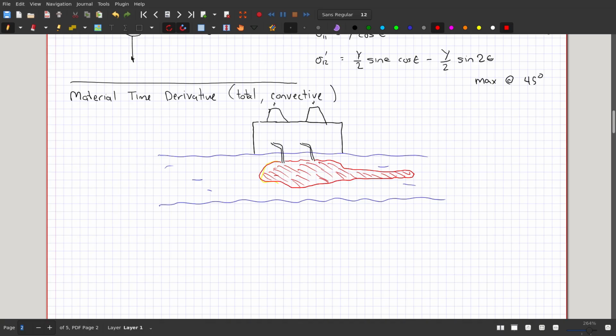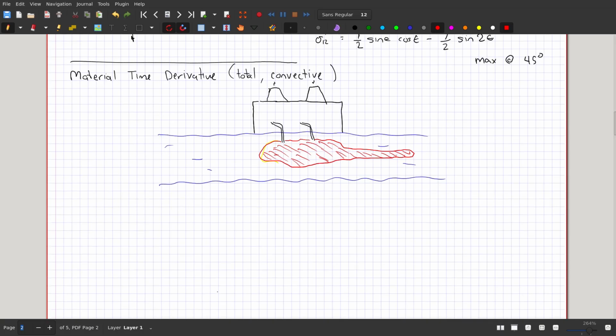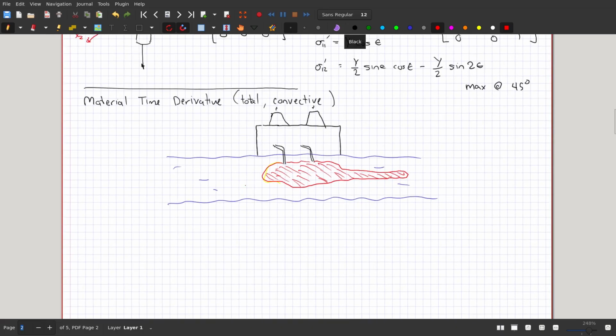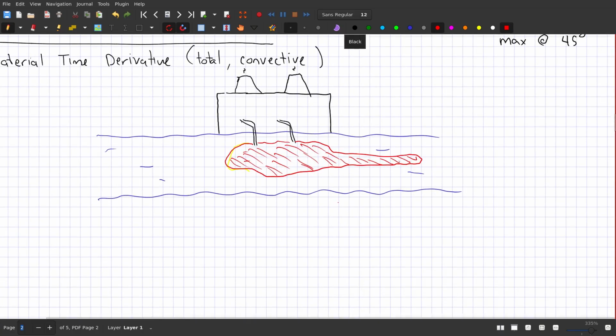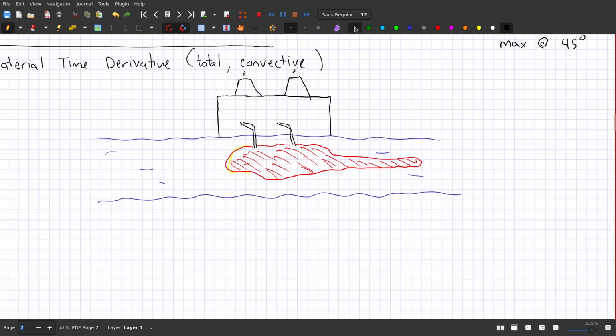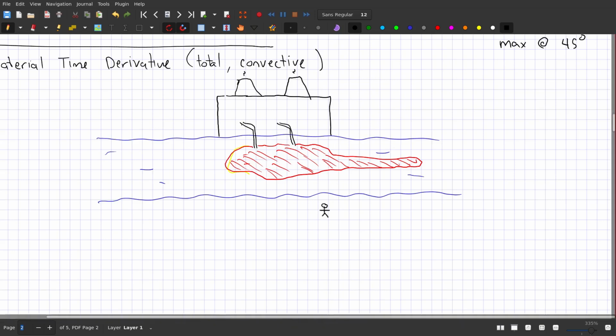Okay? So I can think of two ways to do this. One way would be to orient yourself on the bank and you can take a probe, stick it out in the plume and monitor it over time.